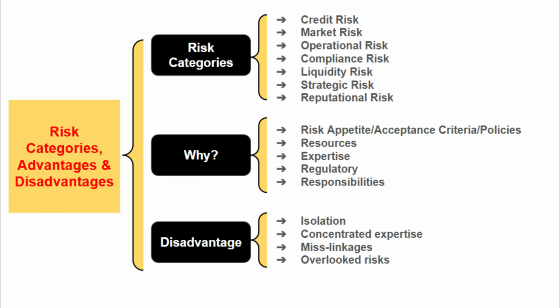This can result in policies and processes being developed in isolation, staff expertise being concentrated in only one risk type, interlinkages between risk types not being recognized or addressed, risks that do not easily fit in a risk type being overlooked or not properly assessed at all.